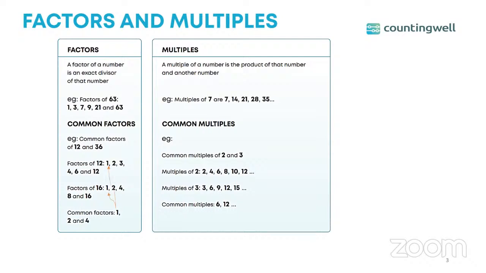We can see 1 is common among the factors of 12 and 36. Also, 2 is common. And then we have 4 as a common factor. That's why we have three common factors here for 12 and 36. In this way, we have 1, 2 and 4 as common factors of 12 and 36.